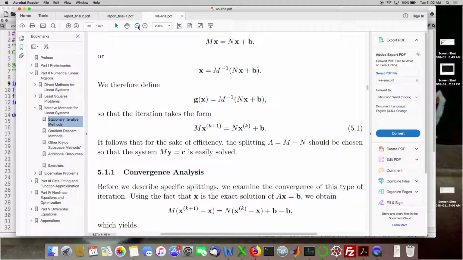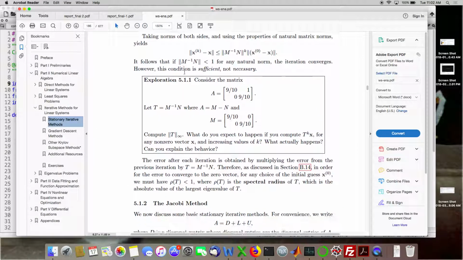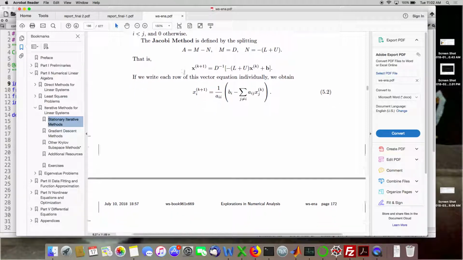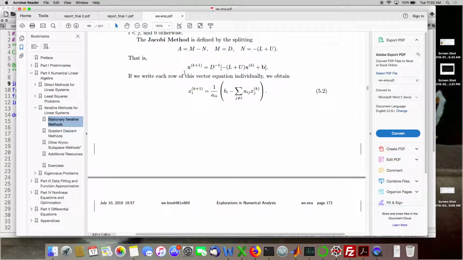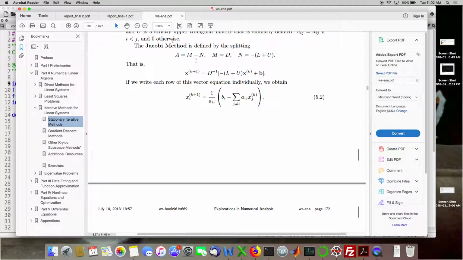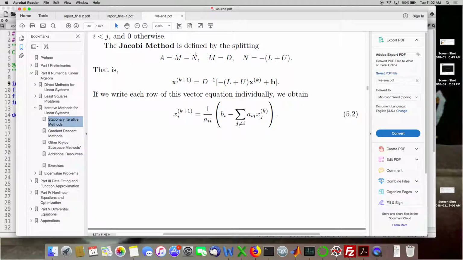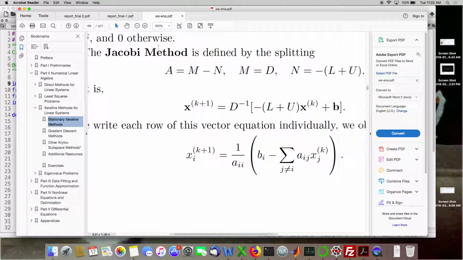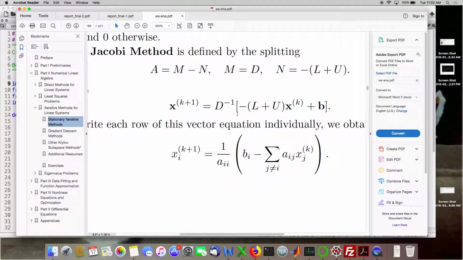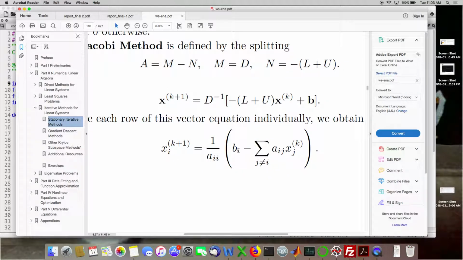So here's the formula for the Jacobi method, written in both matrix vector form and also component form. And for the assignment, it's easier to do this in component form. You can just apply this formula here. So in the case of Jacobi, the matrix is diagonal, so it's easier in that case.